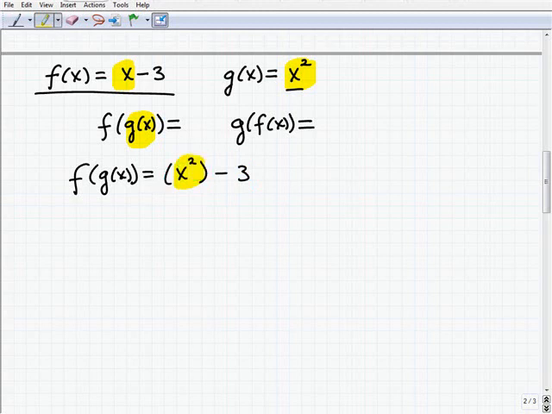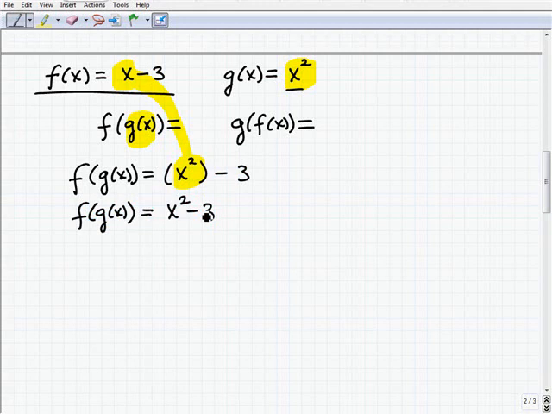That's the g function, and I plugged it in for that x. Now we just simplify. Like I said, some of these are very easy. So f of g of x is simply x squared minus 3.